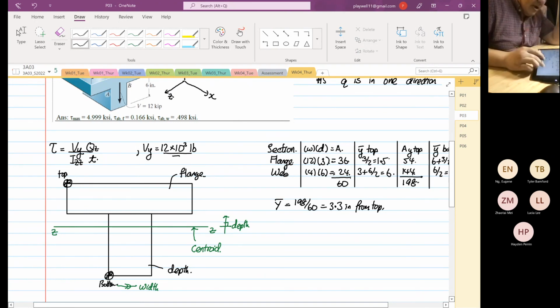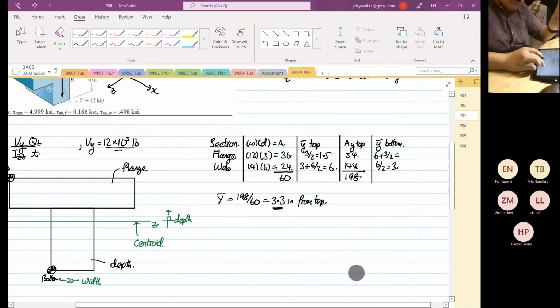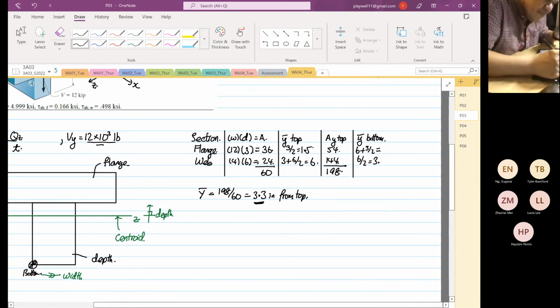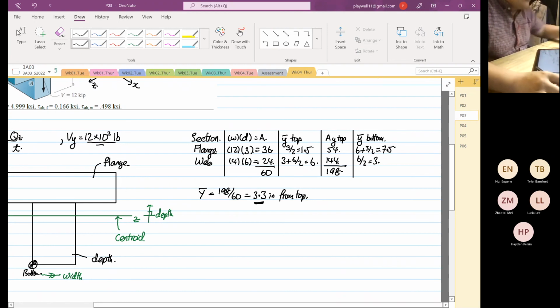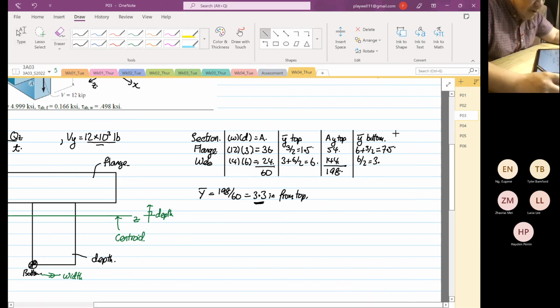Let's calculate first. So 6 plus 3 divided by 2 is equal to 7.5. So your numbers are slightly different over here, which is valid, right?